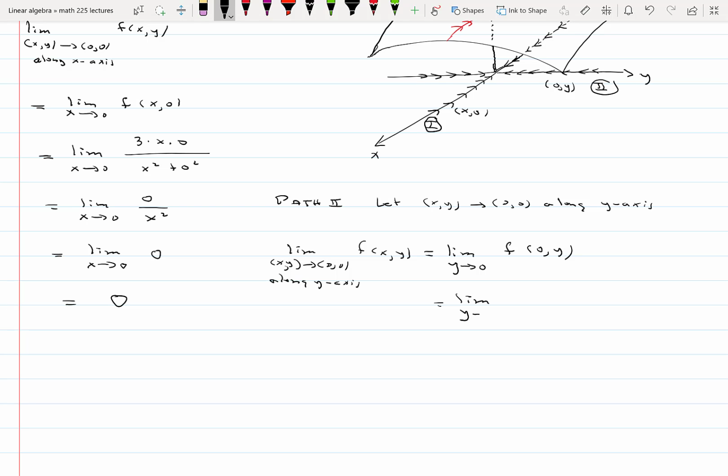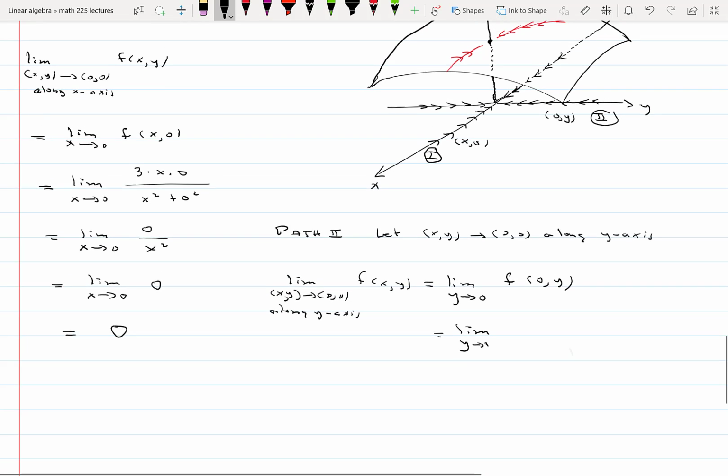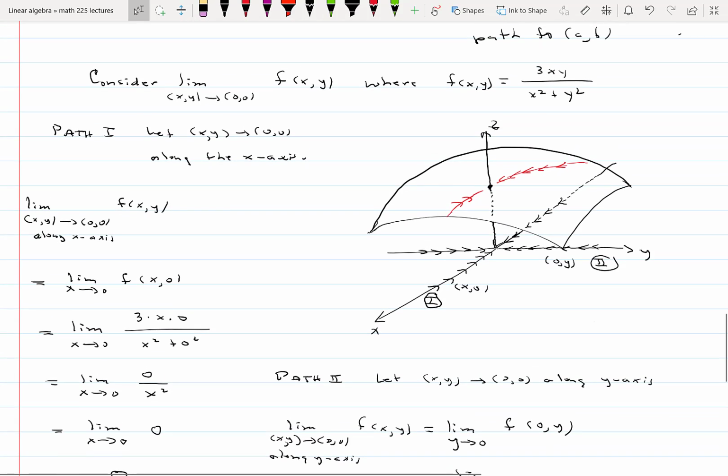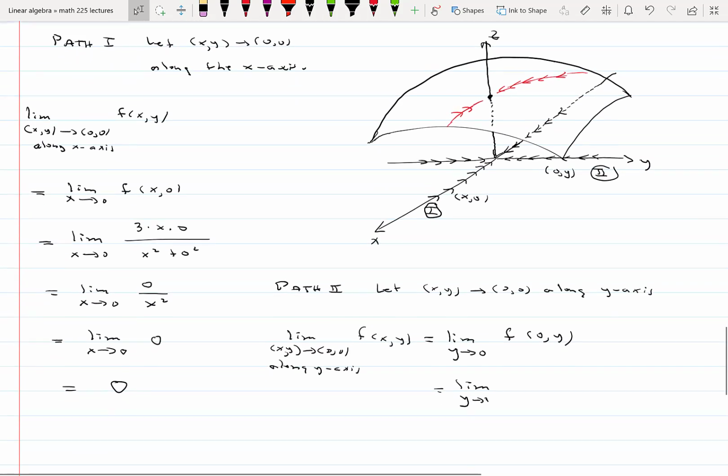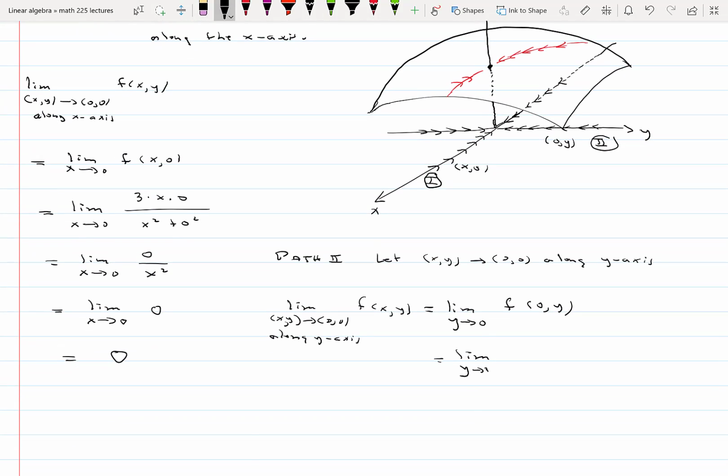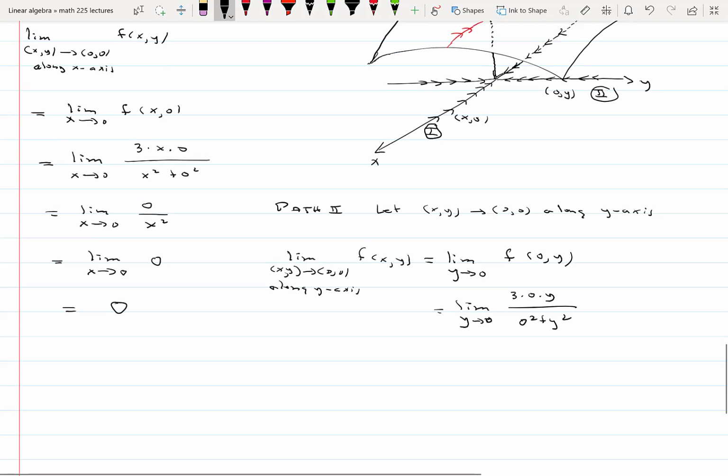This is the limit as y approaches 0 of the function, which is 3 times x times y over x squared plus y squared. So it's 3 times 0 times y over 0 squared plus y squared.